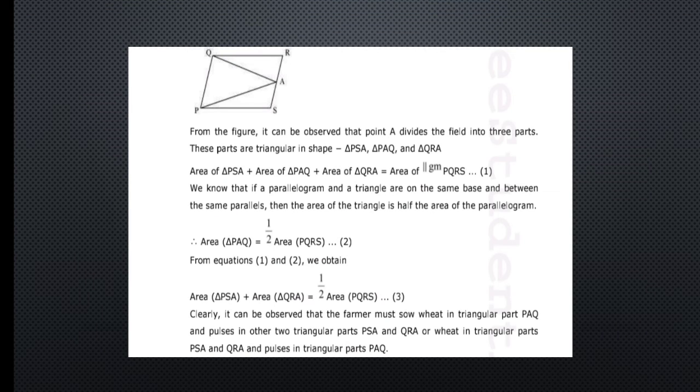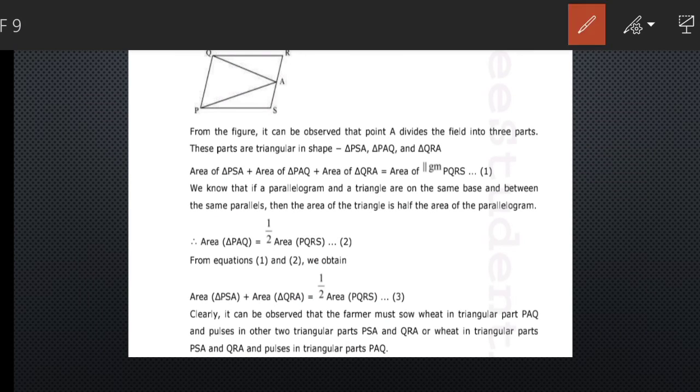So here is the diagram where PQRS is the parallelogram that the farmer has, and A is a point on RS. So the point A divides the field into three parts and they are all triangular in shape. Now this field can be written as area of PSA plus area of PAQ plus area of QRA is equal to the area of the parallelogram.